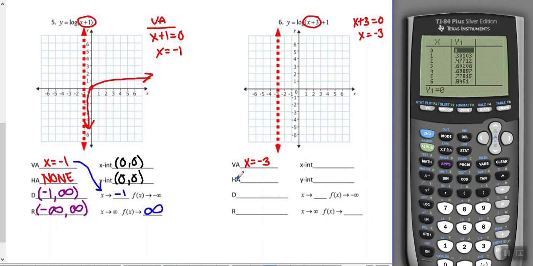My horizontal asymptote is none because it is a log function. Then I can go to y equals. I'm going to type in the log of x plus 3, close the parentheses, plus 1. Hit graph to get a look. Second graph to get my points. So I have a -2, 1.